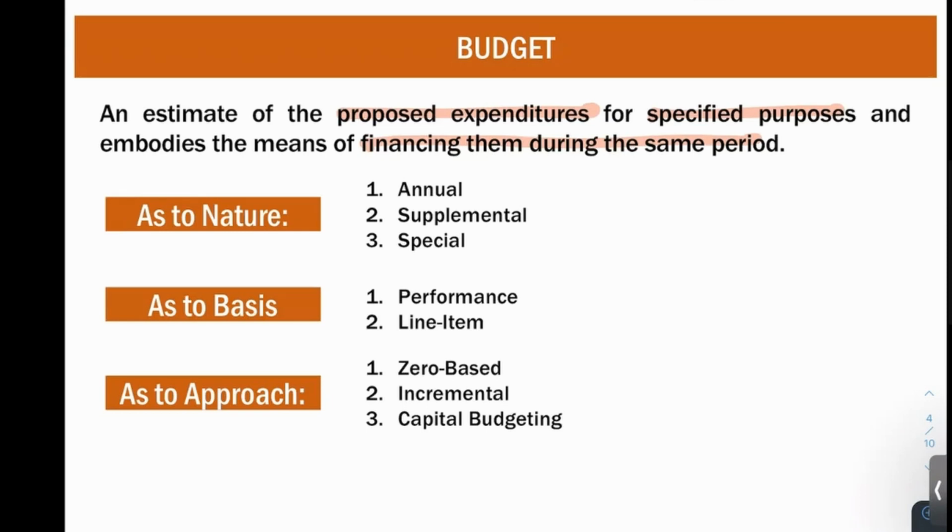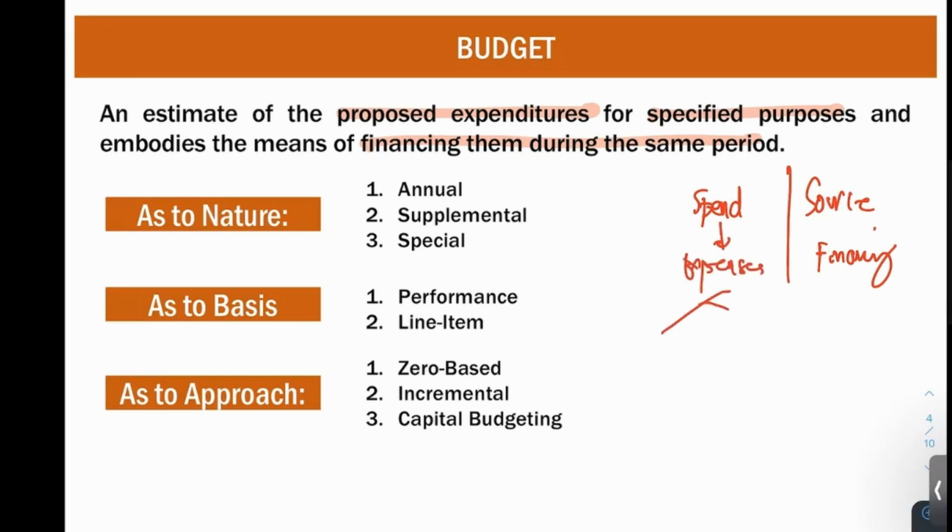So not only how to spend it, but also how you will source it. The source being the financing and the spend being the different expenses for your programs and activities.